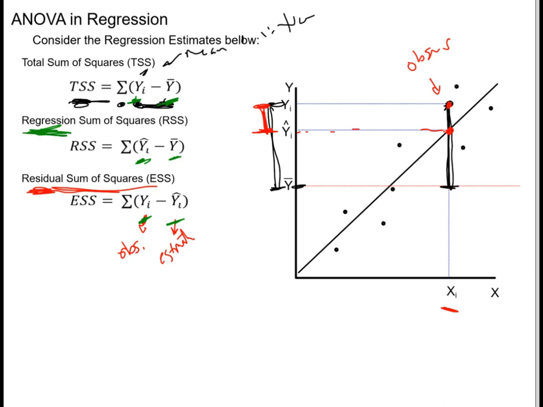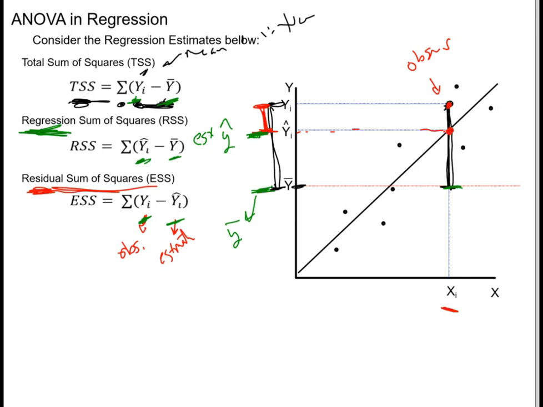But what the regression sum of squares looks at is the overall average y, and it looks at the difference between the average y and what the model predicted the value of y should be based on a model of X. It looked at the estimated value of Y.